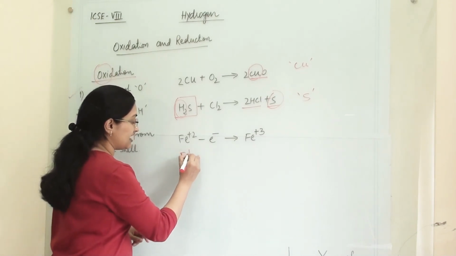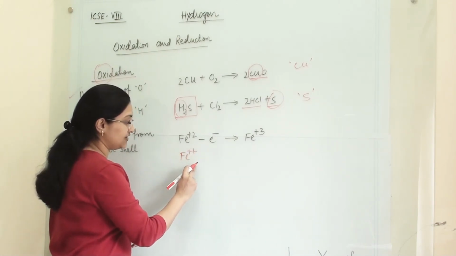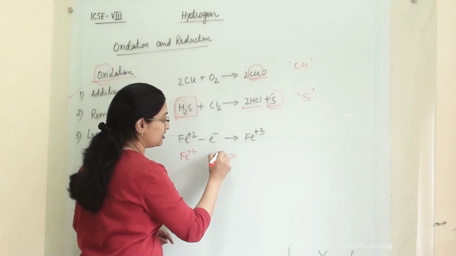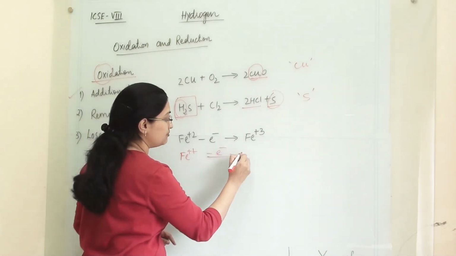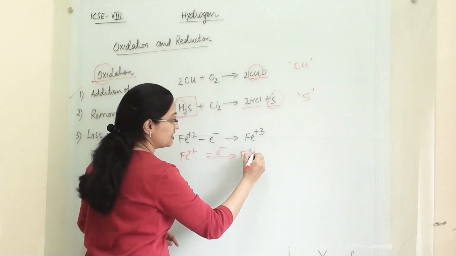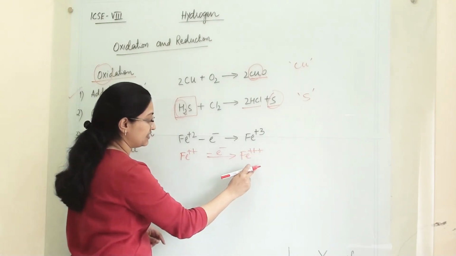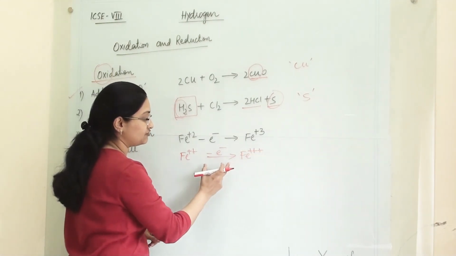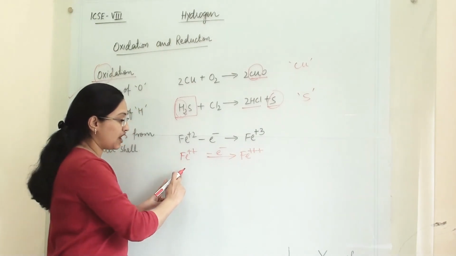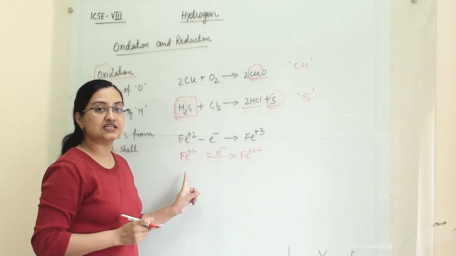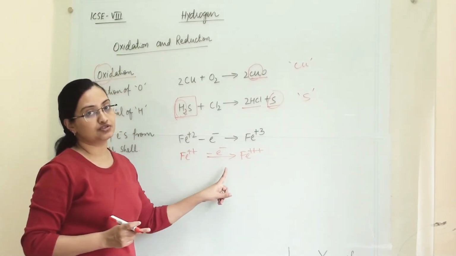Earlier it was Fe plus 2. This is ferrous. After losing one more electron, it becomes Fe plus 3. This is ferric. Ferrous has become ferric after losing one electron. So iron is getting oxidized in this reaction. So this is an oxidation reaction.